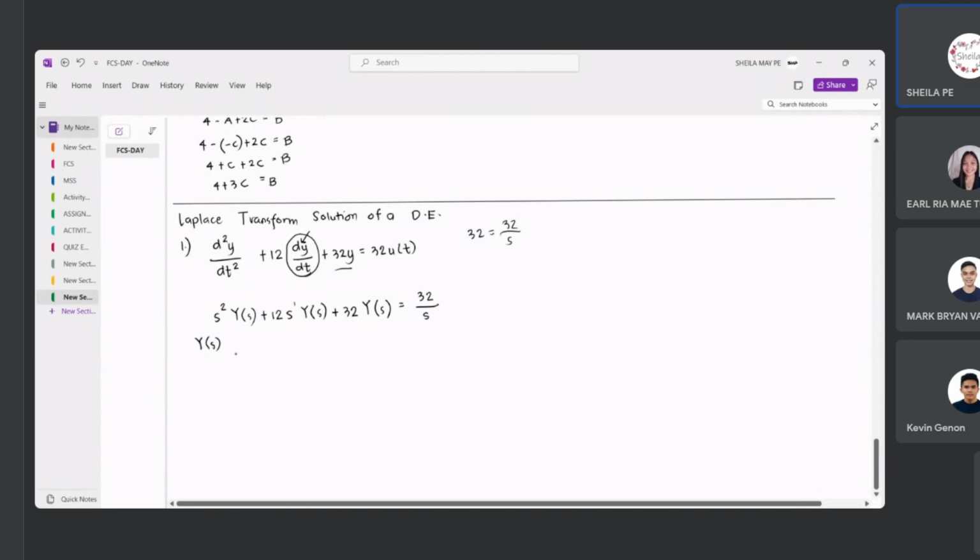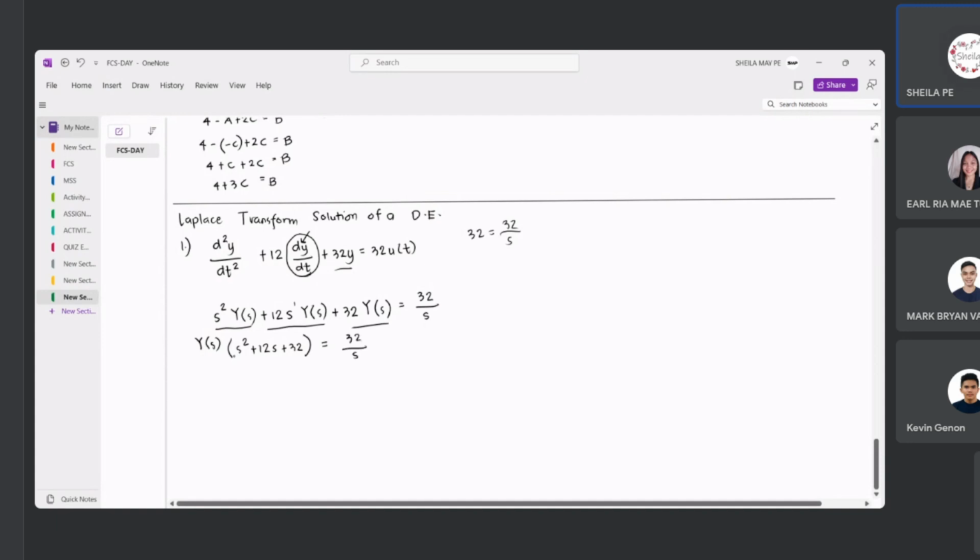Y of s, that would be s squared plus 12s plus 32, equal to 32 over s.